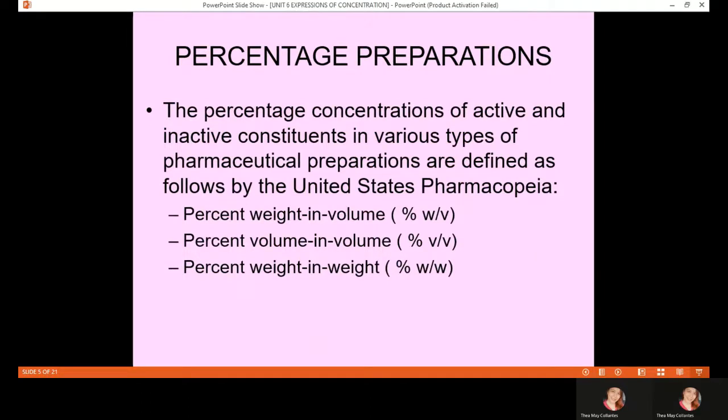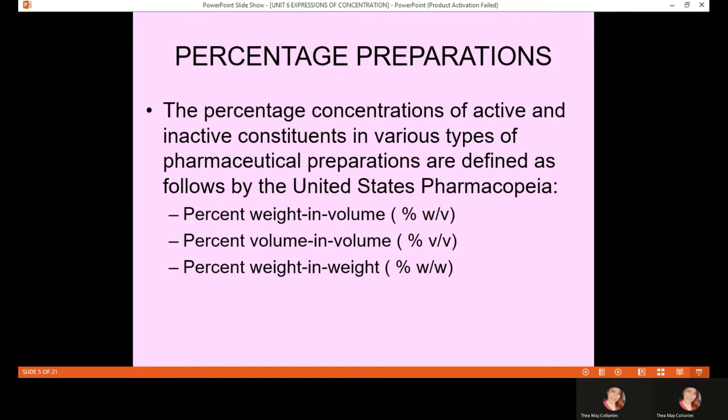As you all know, we use these different percentage preparations whenever we are asked, as a pharmacist, to mix certain drugs in the pharmacy. In our practice, in the hospital, we are asked by the doctor to make, for example, a 5% KCl solution.